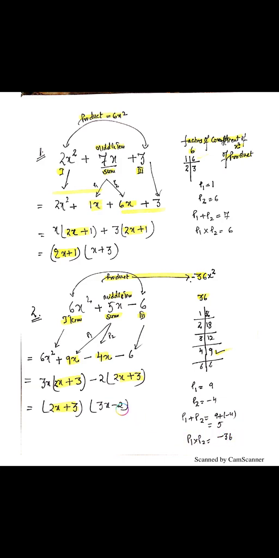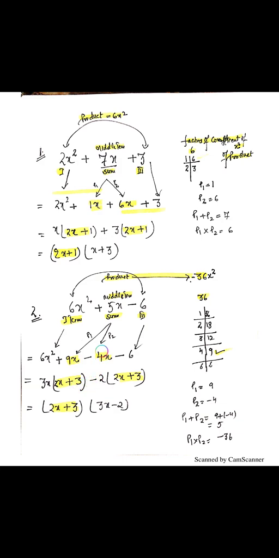Now in place of 5x we will write, with the first term as it is, 6x square plus 9x minus 4x minus 6. In the first and second term, which term is common? 3x. So take it outside the bracket, and inside the bracket 2x plus 3.